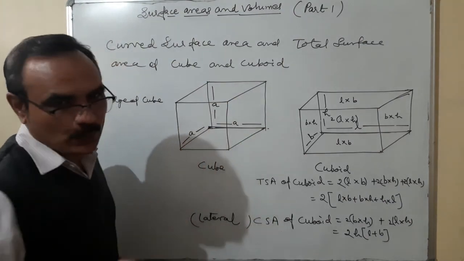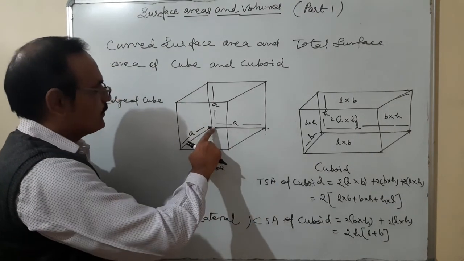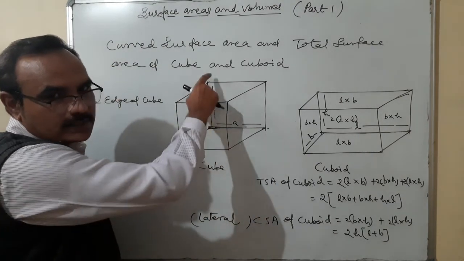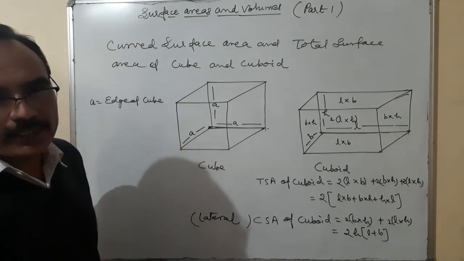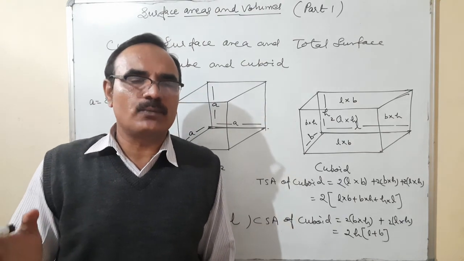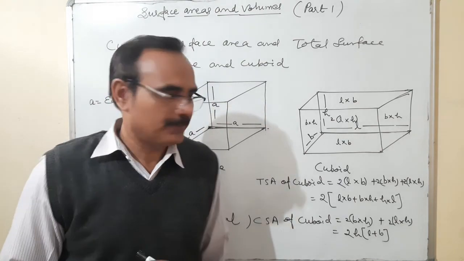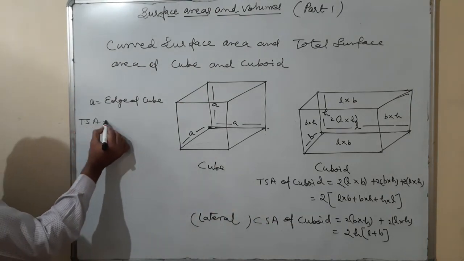There are a total of 12 edges. Length L is A, breadth B is A, and height H is A. All are equal because it is a cube. So L is equal to B is equal to H is equal to, suppose, A. Now what happens? TSA of cube.